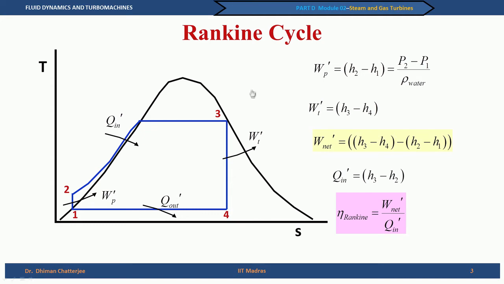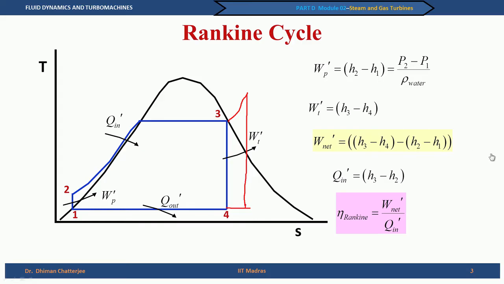Even if you start from a superheated point, let us say somewhere here on the constant pressure line, I will still end up in the wet region. So, this feature does not exist in case of gas turbines, and hence what is possible in gas turbine is one level of simplification, because we can also assume that the specific heat is constant.